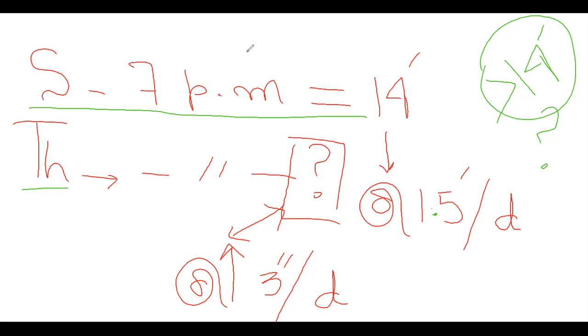It went down to 8 feet, at 1.5 a day. How many days? Four days. When you multiply this by 1.5, your answer is 6.